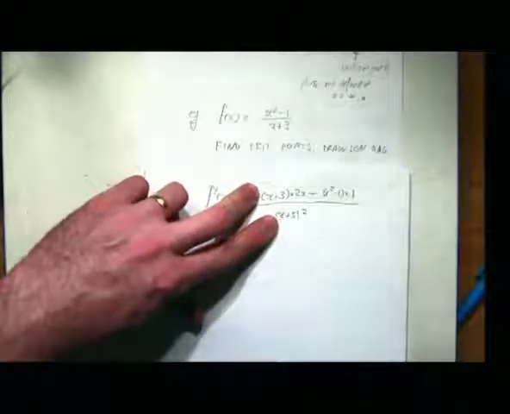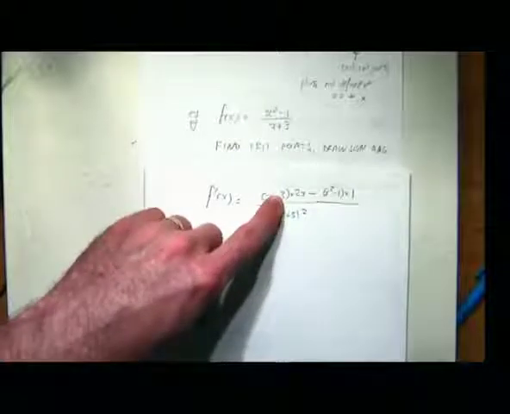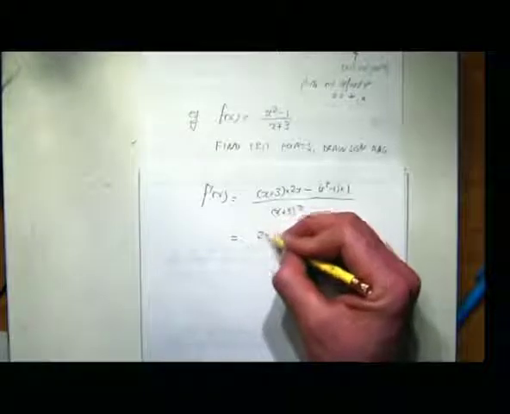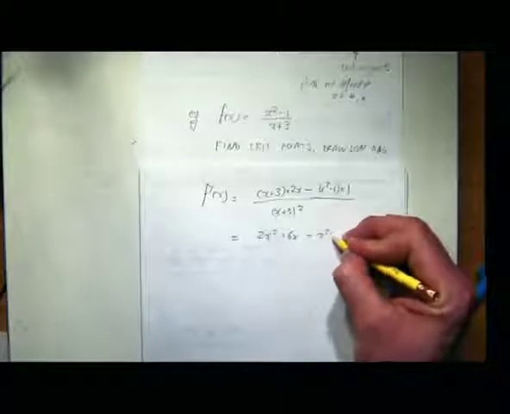My way of reminding myself is that it starts off with the bottom on both the top and the bottom. I've got the bottom squared and I've got the bottom not squared, but also not differentiated. That's the only way I've ever found of being able to remember which way around it goes. So, yes. And so I've got 2x squared plus 6x minus x squared plus 1.